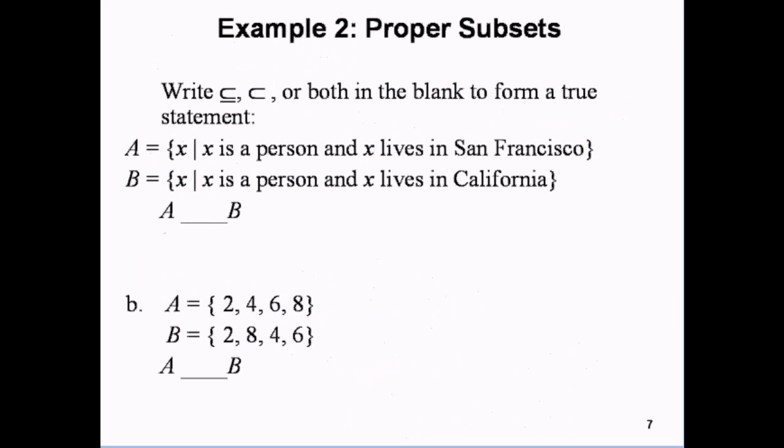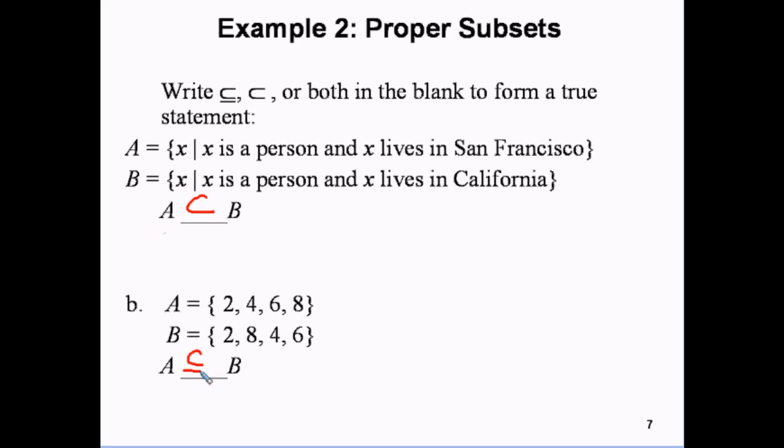So let's look at these examples. Subset, proper subset. If X is a person that lives in San Francisco, or X is a person that lives in California, if you're in San Francisco, are you a proper subset or a subset of all of California? The subset. Are you the same size or are you smaller? You're smaller, so you're going to be the proper subset. So it's a strictly less than. If I have 2, 4, 6, and 8, and 2, 4, 6, and 8, they're the same size.